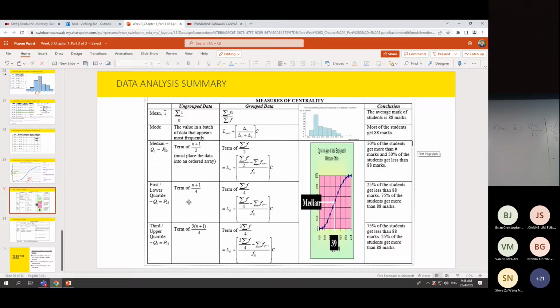That is for ungrouped data. For grouped data, which has already been grouped in the frequency table, we use total F divided by 4. We use 4 because 1 over 4 means 25%, which means 1 quarter.